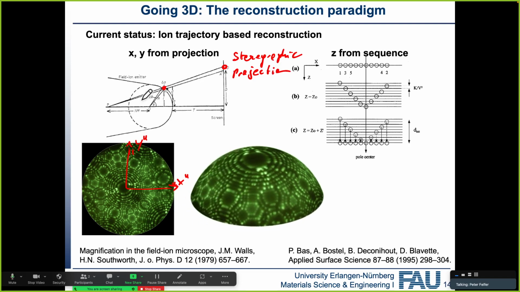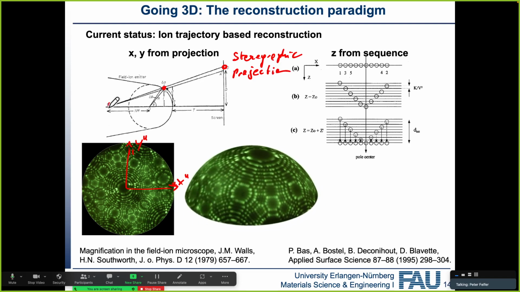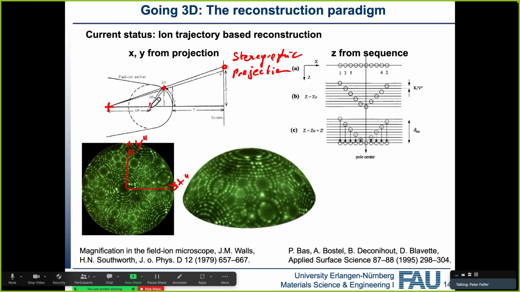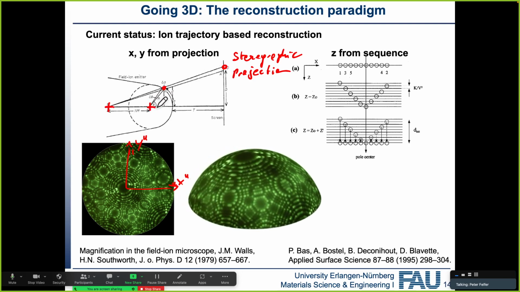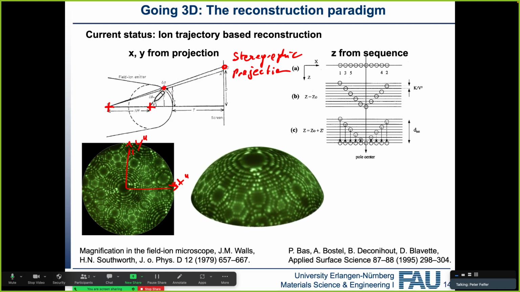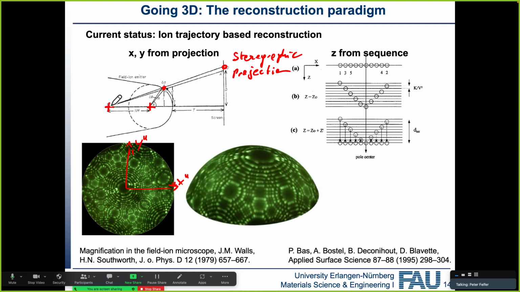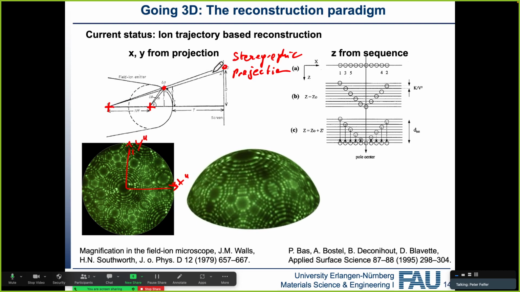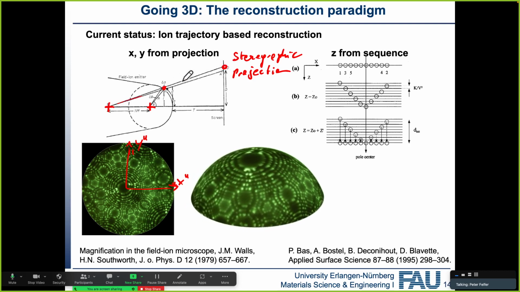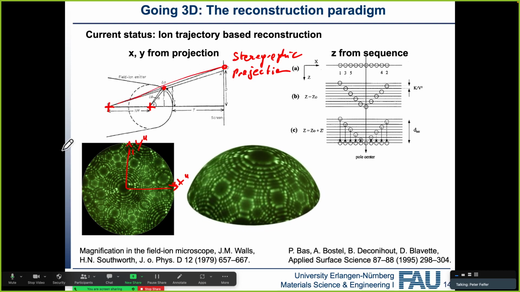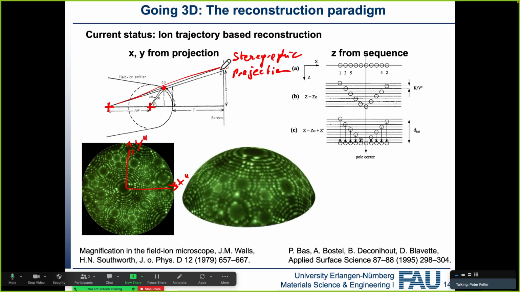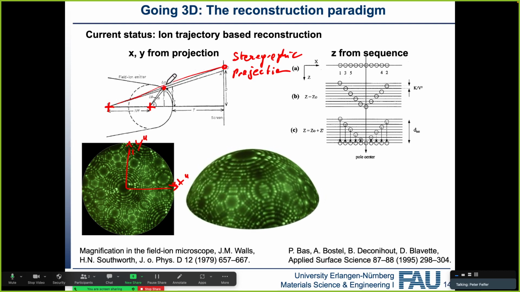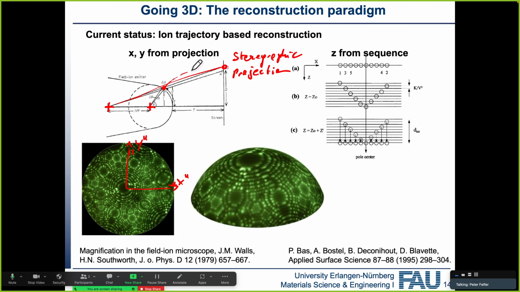A relatively good approximation is that we have some projection point, which is not the center of curvature, but some projection point. And if we connect the two positions, we can just look at the projection point and connect the two.